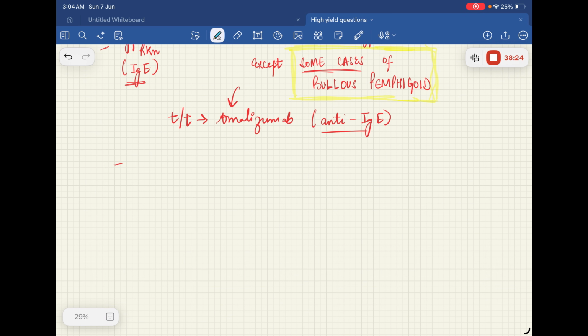Now, type 2 hypersensitivity reaction. What happens here is that there is a formation of antibody against a cell surface or structural antigen.